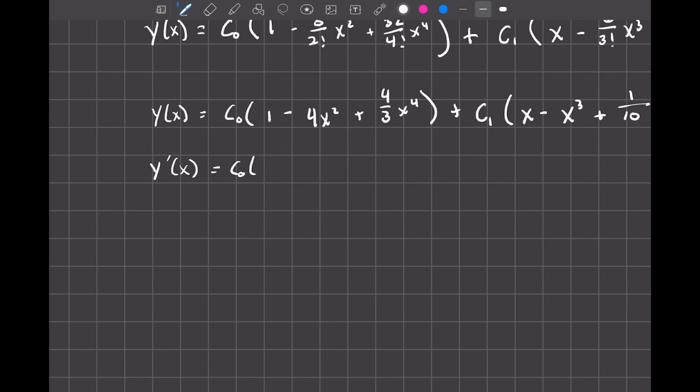And right here, I'll find the derivative of all that.